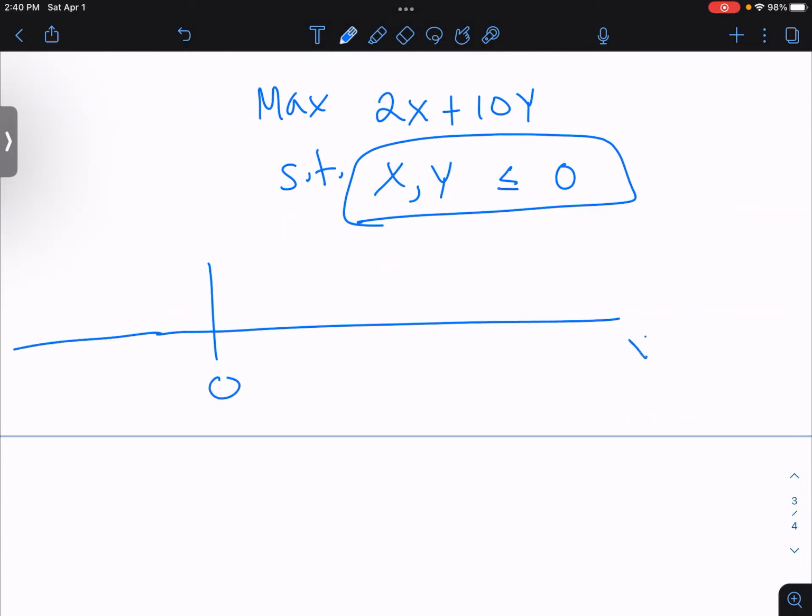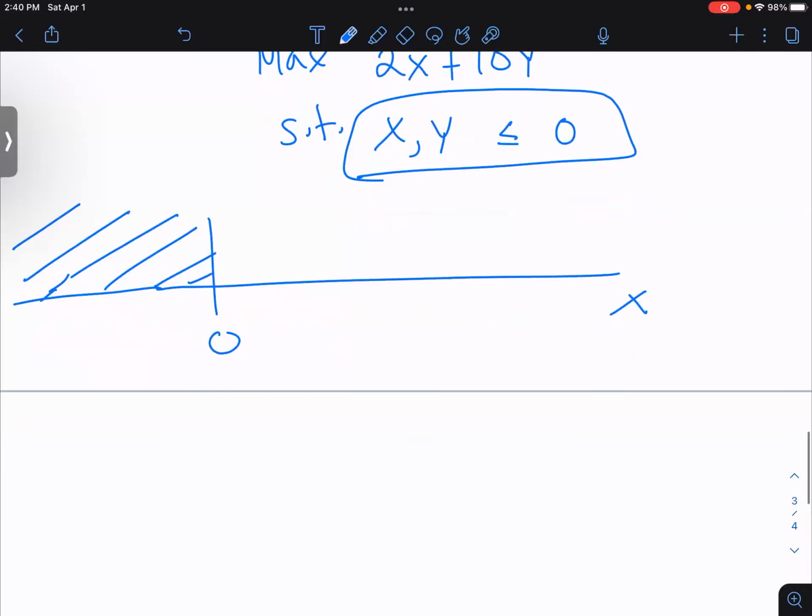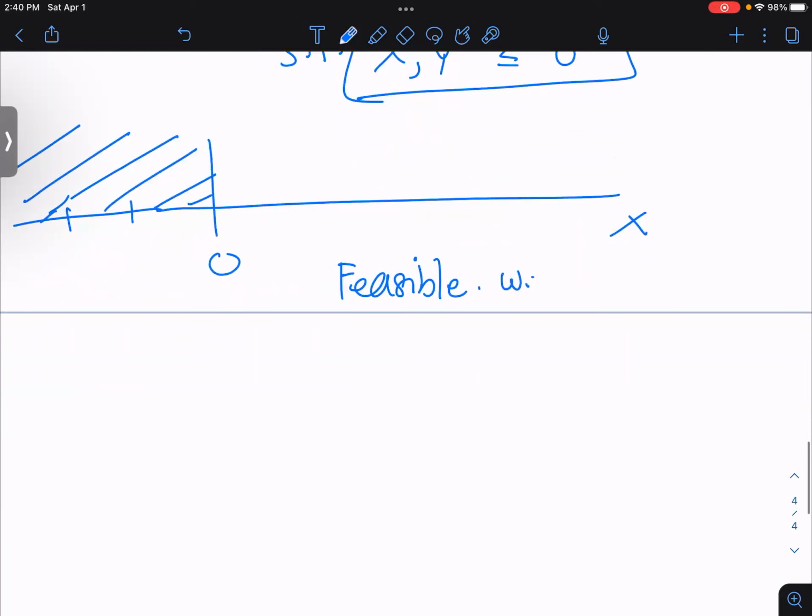So x has to be somewhere in this region. There are no more constraints on x, which means that there is no way this constraint cannot be satisfied, right? You can always find x which is lower than 0. Any negative number will be a possible solution for x. So this problem is feasible with respect to x.